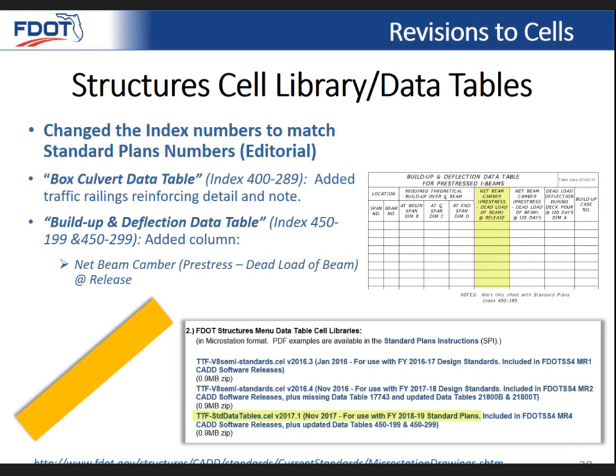This gives the producer a benchmark to monitor during the camber growth of the beams. So that was included at the request of our materials office and the producers. Designers are required to include that information, which they already have calculated during the design phase.